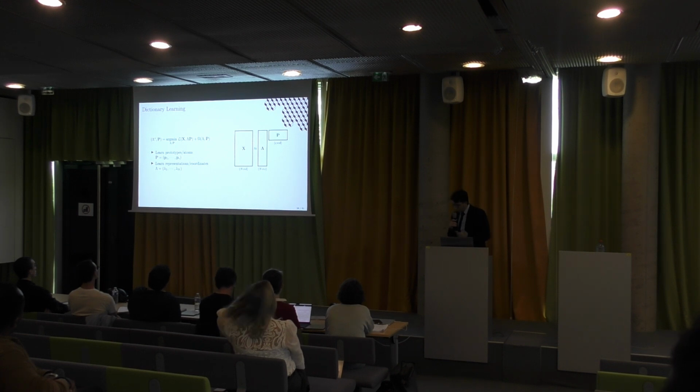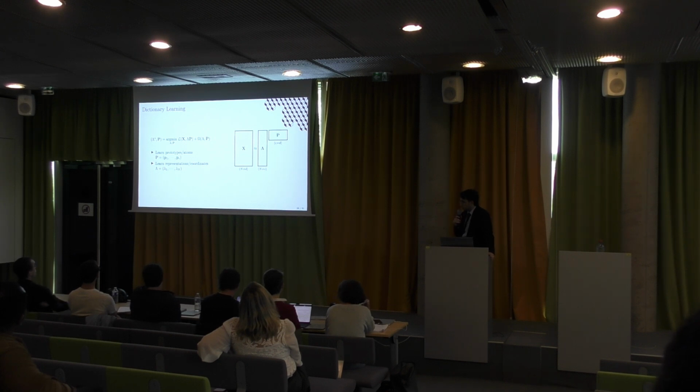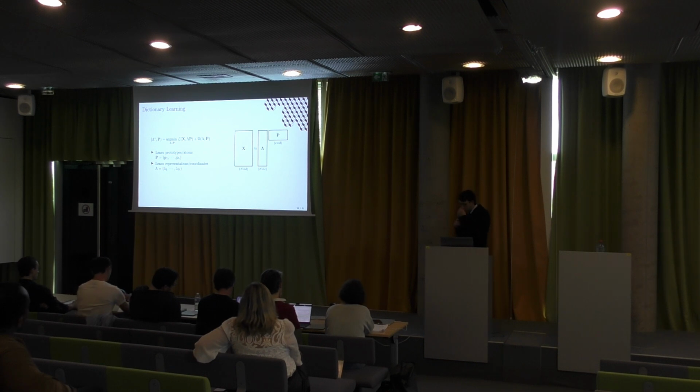So, just to present what dictionary learning actually is. Originally, it was proposed for expressing a set of vectors as the product of a matrix of representations, here denoted by lambda, times a tiny dictionary, that is a few vectors that encode the complexity of your data points.